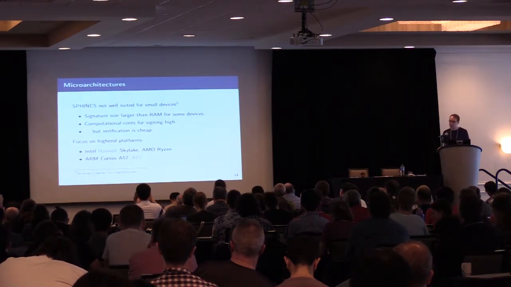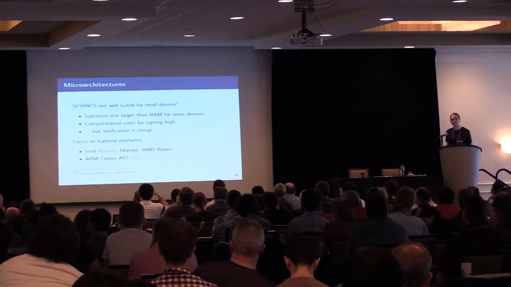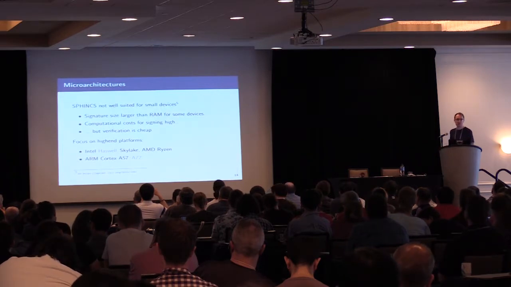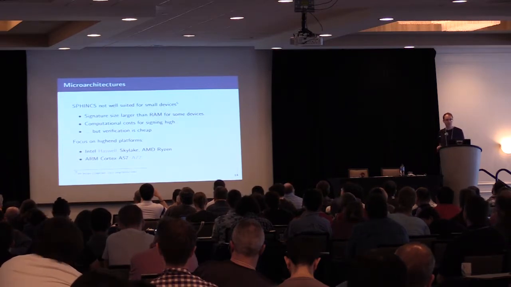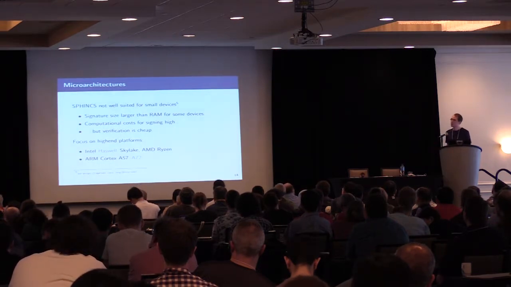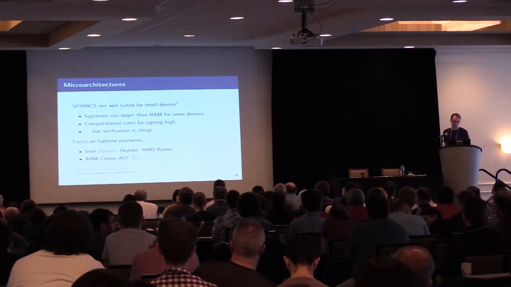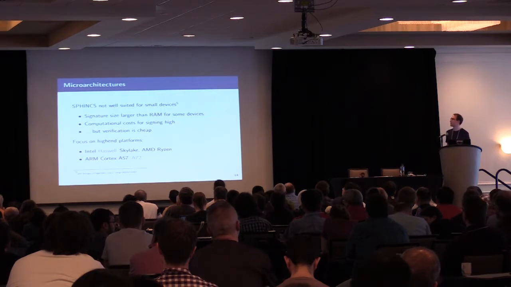There has been one paper where they implemented SPHINCS+ on a microcontroller, and also showed how you can deal with all the issues, because you have a 41 kilobyte signature, but the microcontroller maybe only has 16 kilobyte of RAM. So you can't even fit the signature inside the RAM. You can still do it, but it will be very slow.